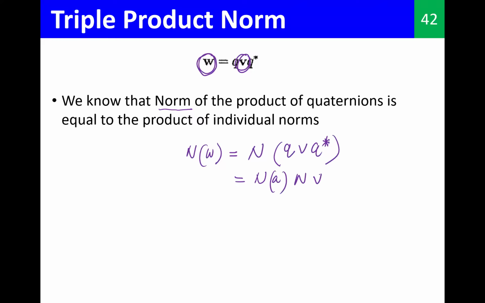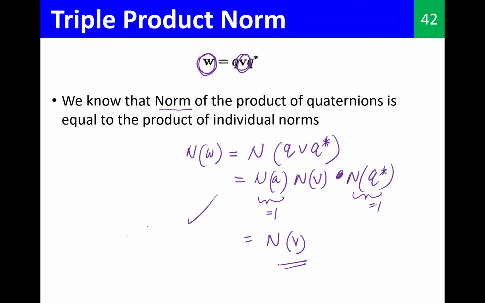That we showed earlier. And remember, we confined ourselves to unit quaternions. This is 1. This is also 1. Therefore, it is equal to the norm of our original vector. So now the size is also okay, right? We had v, we had w, and it has the same size.